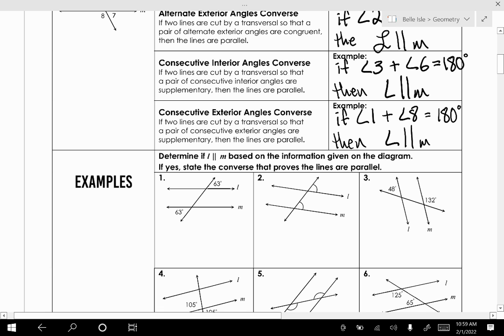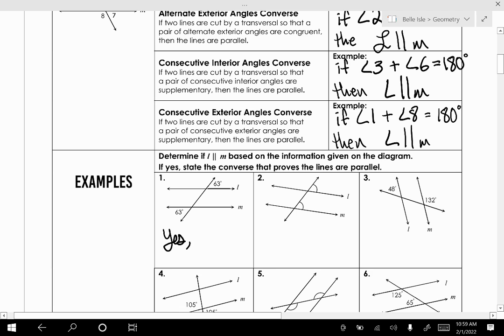Perfect. So if we look at number 1, okay, we have this angle up in the top right of 63 degrees. We have another angle down in the bottom left of 63 degrees. Okay, are we saying that these are showing L and M to be parallel to each other? Yes. We would say yes.